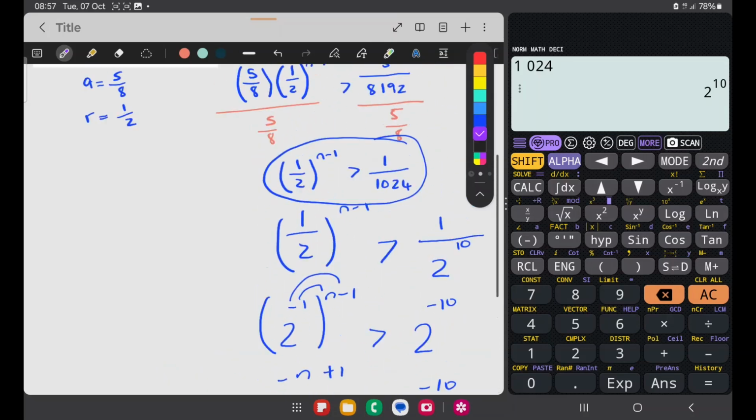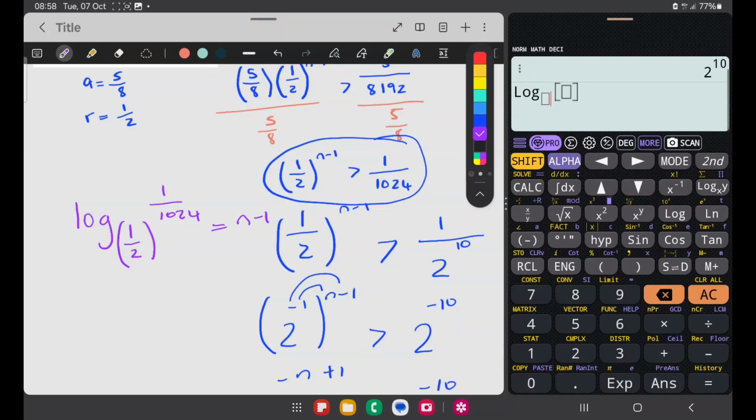Or you can use logs. So I'm going to say the log of the base stays the base. And then this will come this side, and the n minus 1 is now on that side. So on your calculator, here's the logs.